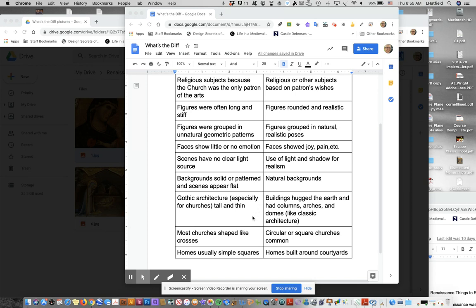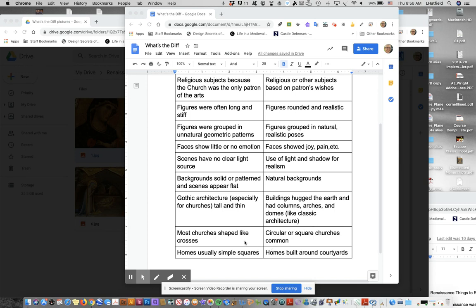When you look at architecture during the medieval time, it's tall and thin. You look at churches like Notre Dame, and they're very long, tall, and thin. In Renaissance times, the buildings had columns and arches because you'll recall that the Renaissance is a rebirth of classical art and architecture at the times of Greece and Rome.